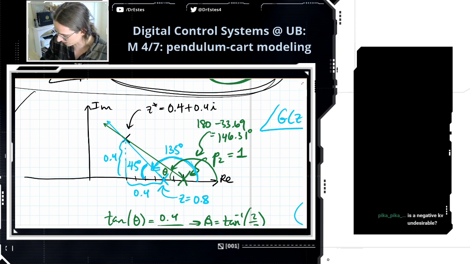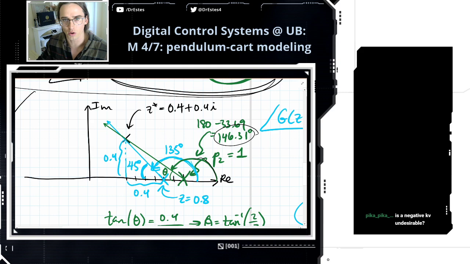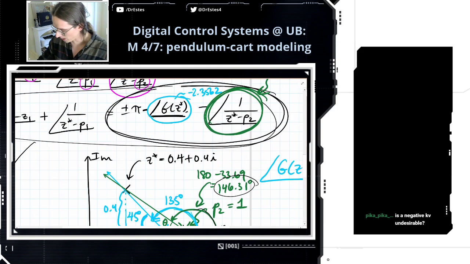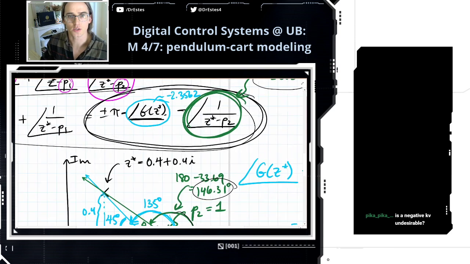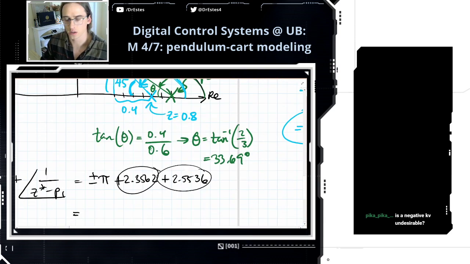So if I find this angle out here, sure, I got 146 degrees, but because it was from a pole, it's negative. That's why up here in the original equation, I'm subtracting the angle contribution of the pole. The angle contribution of the pole is negative, but because I'm subtracting a negative, it becomes a positive. So that's why I had plus.